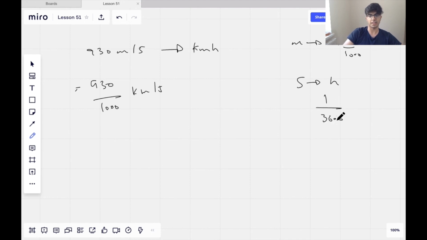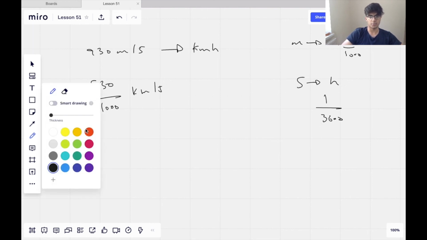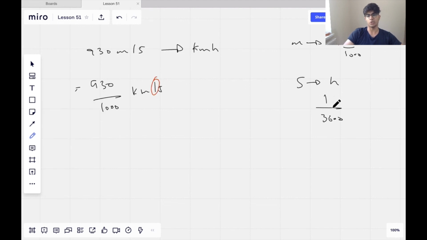Because say 1 second in an hour is, what's 1 divided by 3,600? 1 second is 0.0002777 hours. So it's a tiny amount. So we divide by this usually to go from seconds to hours. But because it's a division sign here, what we'll do is the opposite of this.